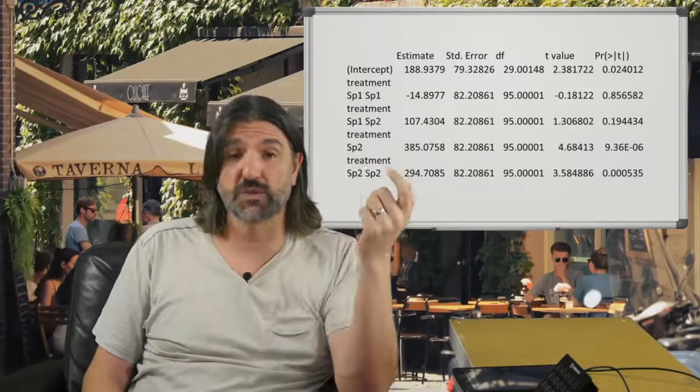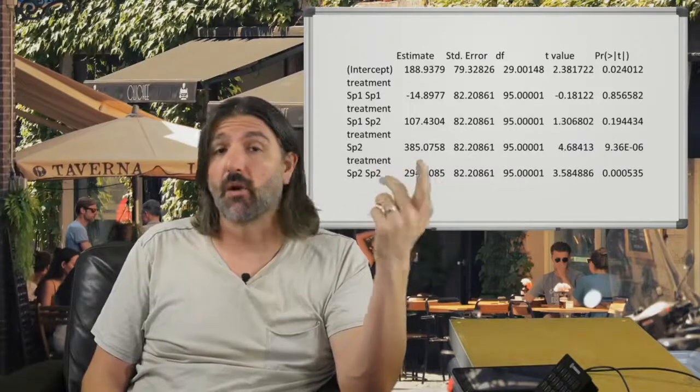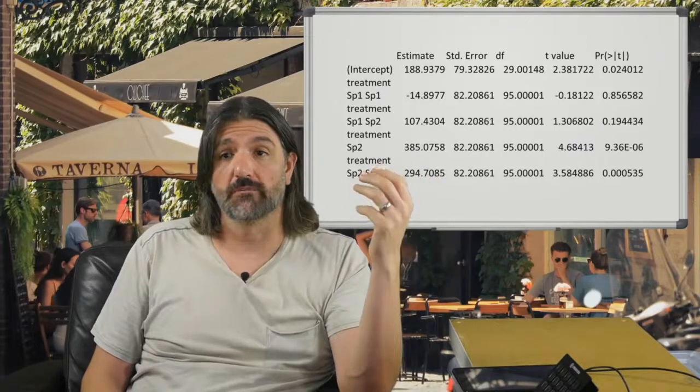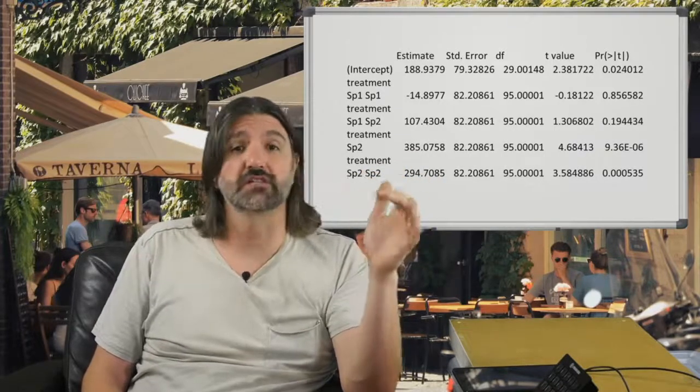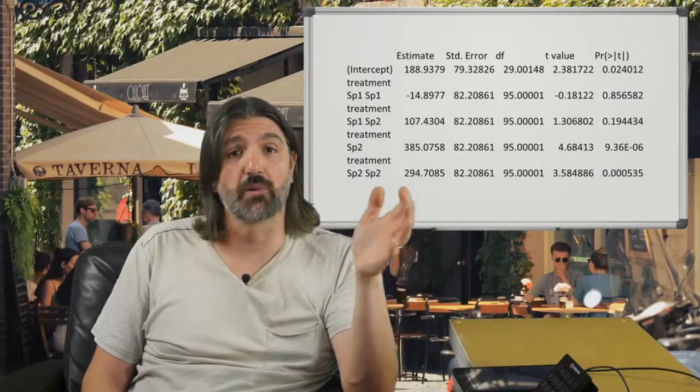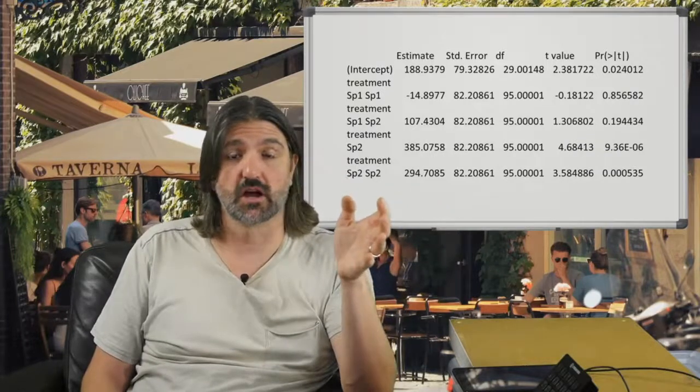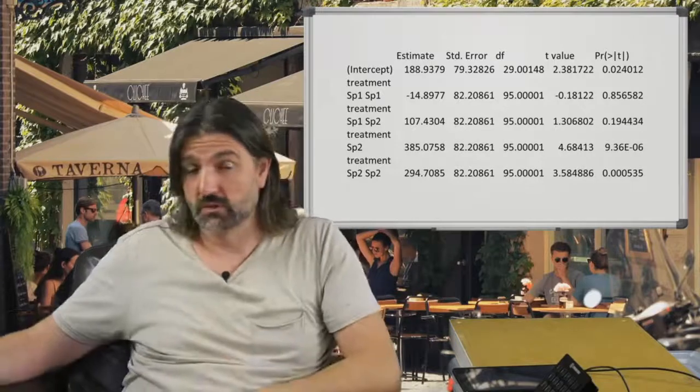So what's the difference between a box plot and a bar graph, for example, folks? What is the difference in the information that is provided in a box plot versus a bar graph? Why don't you guys tell me that?